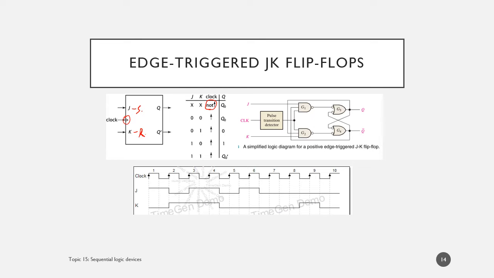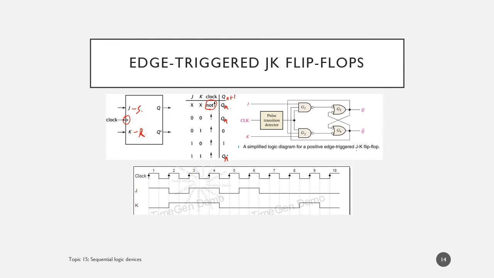Won't work means the output always follows its previous value. So the truth table is copied. Q0 here basically means Qn, the current state.